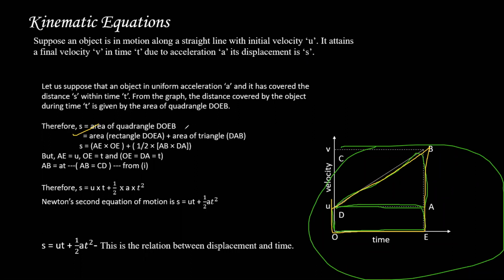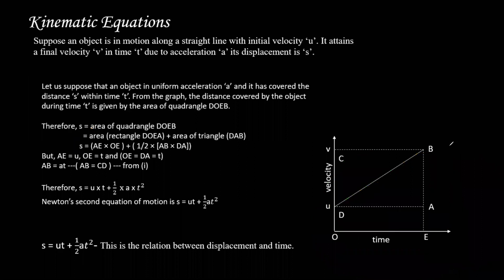So the area of rectangle is what? Length into breadth, right? So AE into OE. AE is the breadth, OE is the length, plus half. What is the area of the triangle? Half into breadth into height. So BA is the height and DA is the breadth.